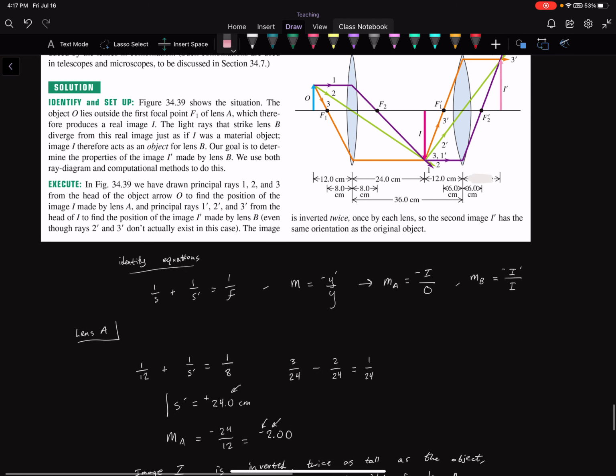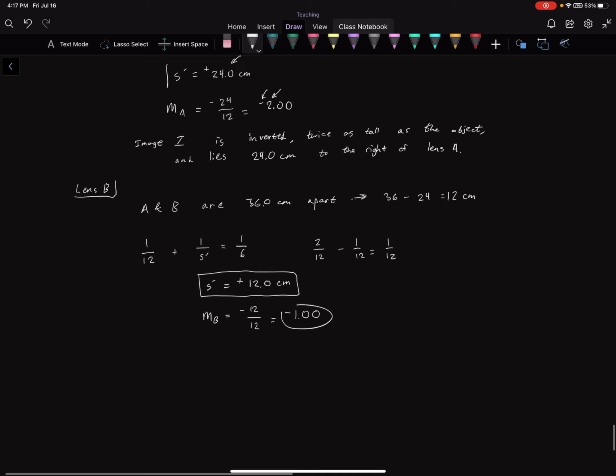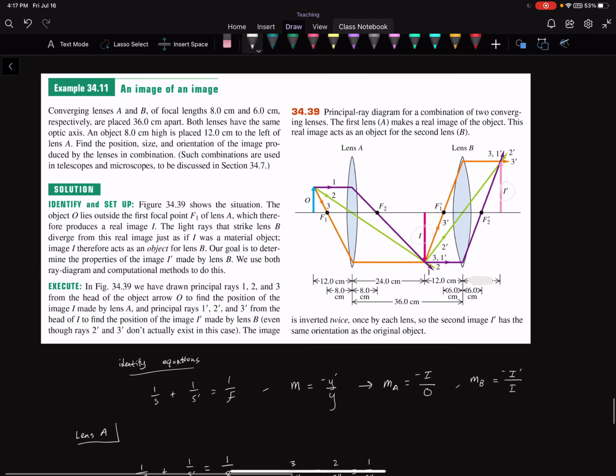So it's referencing this intermediate image, and this final image. So from that intermediary image, we have inverted and not magnified at all, which is about what we see in this drawing here.